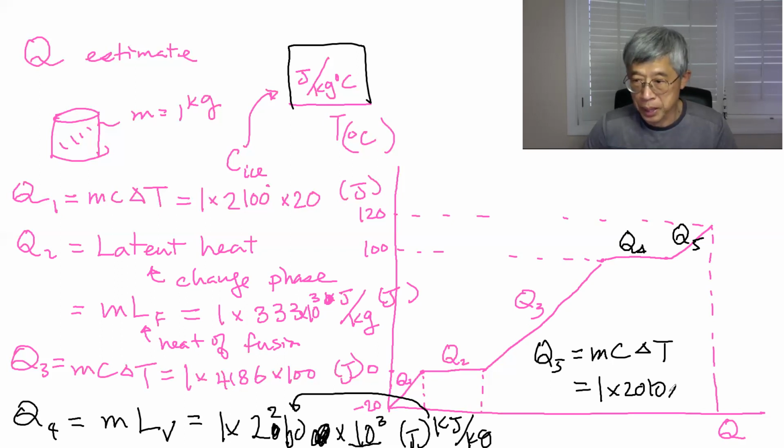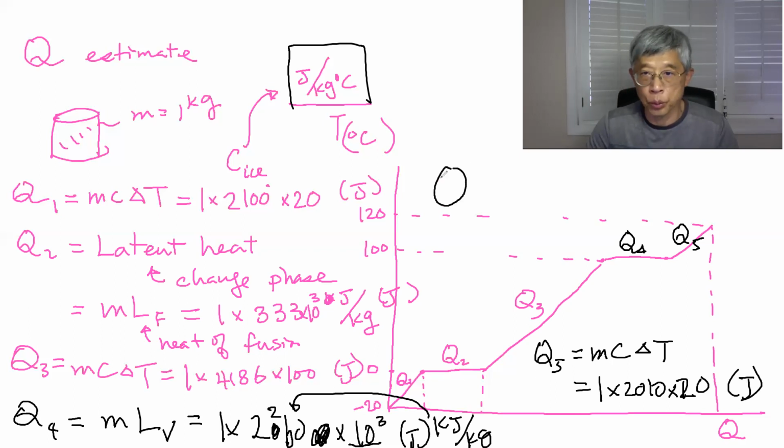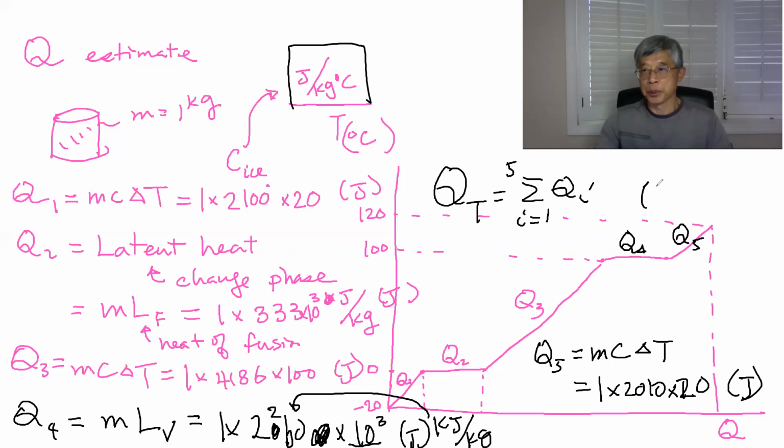Then times 20 degrees, 120 minus 100, so 20 degrees. That would be in joule. So you add them all together: the total Q is the summation of Qi, i from 1 to 5. And that would be in joule if we're using everything in SI units.